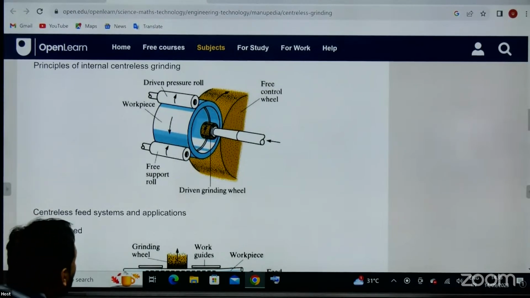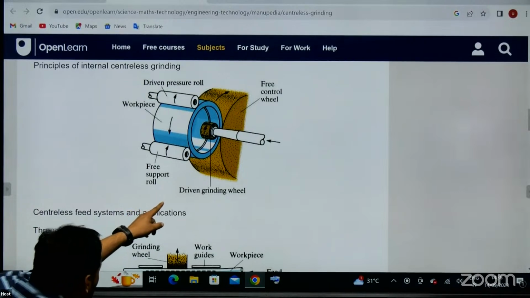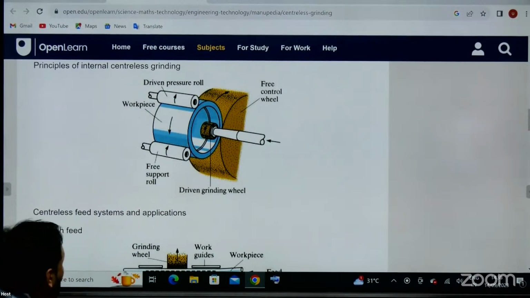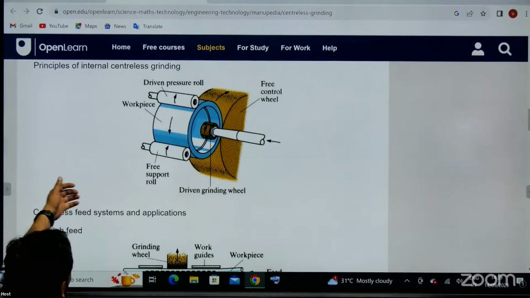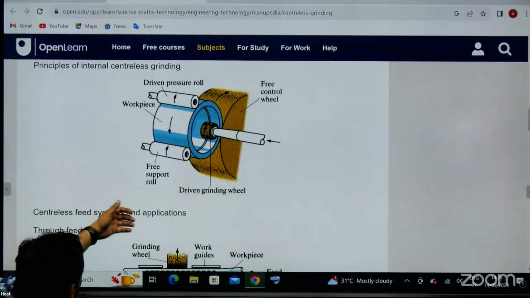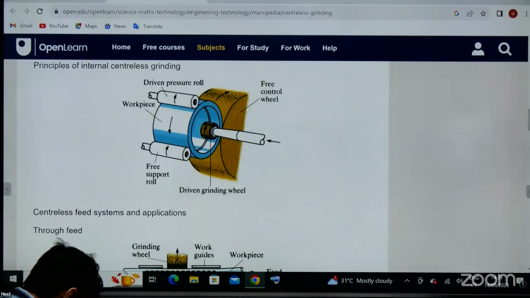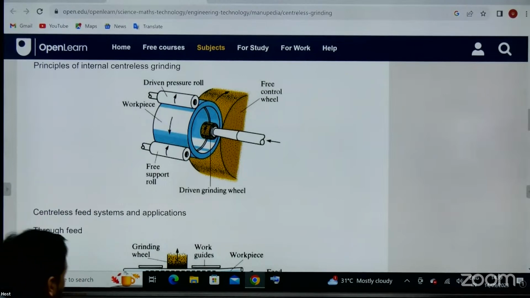The axes of the grinding wheel and the control wheel will be at a certain angle. Due to that angle, this hollow workpiece will automatically be fed and will be ground internally. So that's the setup of the centerless internal grinding operation.